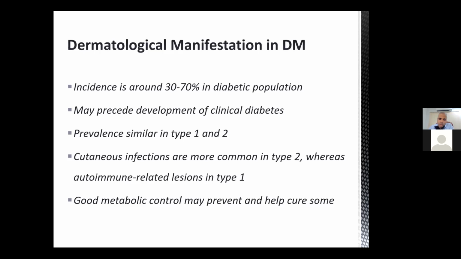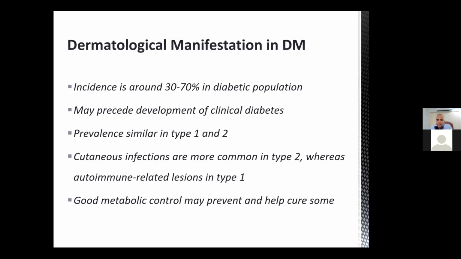They are seen in almost about 2/3 of the population with diabetes, both type 1 and type 2. They have a similar number of patients, and surprisingly, some of these are the same between both types of diabetes, unlike say nephropathy or neuropathy, where there are differences as far as the incidence is concerned. Here it is almost the same.